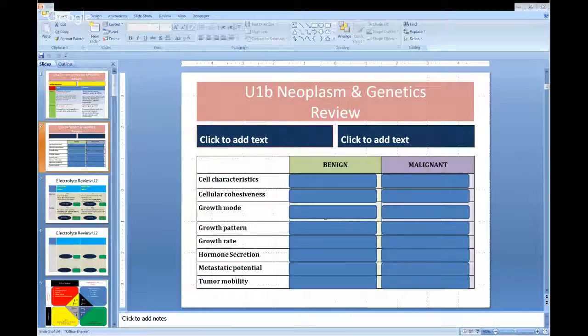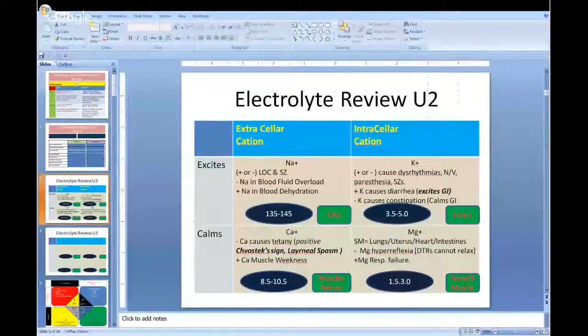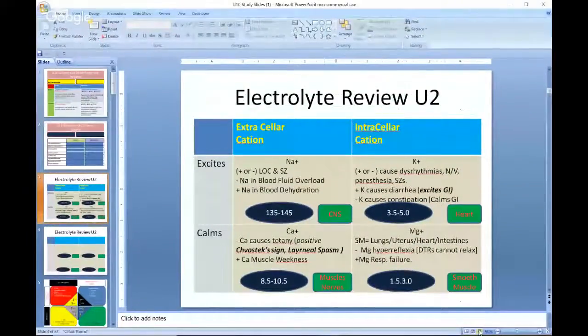Okay, so let's do an electrolyte review. I'm on the third slide. It's electrolyte review unit 2, and it basically has the spreadsheet or boxes that talk about the 4 major cations and what they do and where they're at. Okay, y'all with me? Let's quickly go through this. What are the 4 major cations?